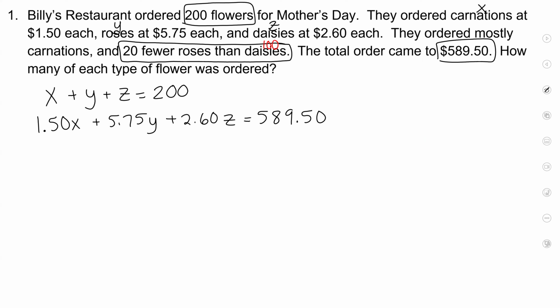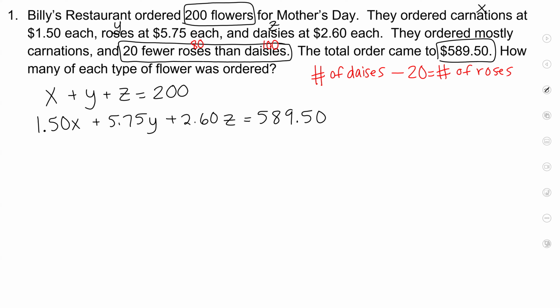The whole class said it. Does that make sense? Because there's 20 fewer roses. So what you guys did in your head just now, you said the number of daisies, which in this case we said was 100, minus 20 gave you what? I want a sentence like I did over here. What did it give me? Yes, it gave me the number of roses. So the number of daisies, you subtract 20 to get the number of roses.